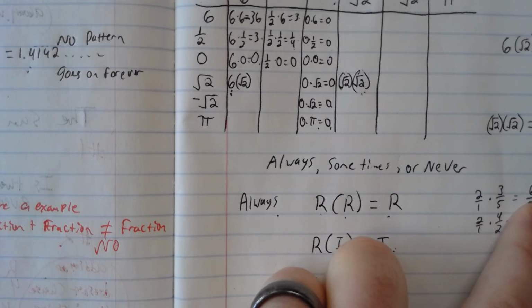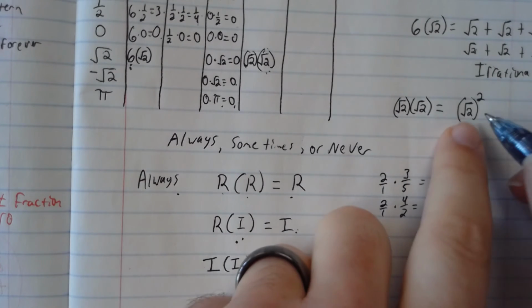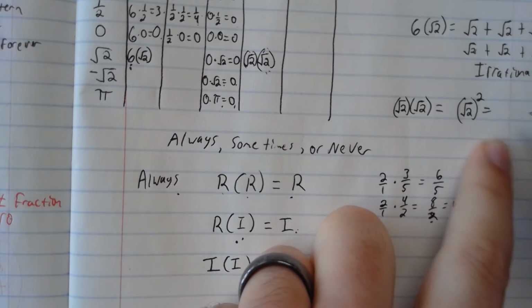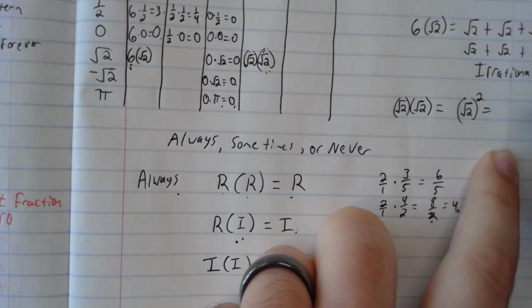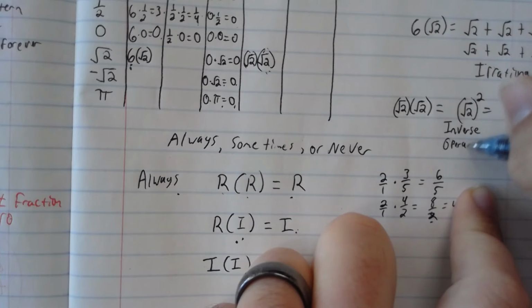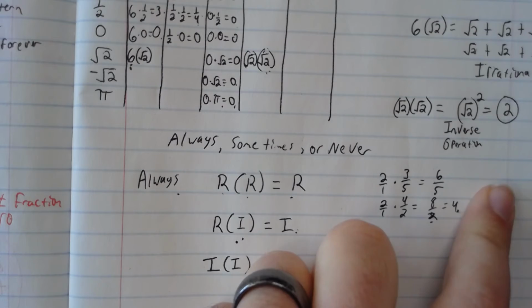Well, that's the same as squaring it. And so we can think of that as where the square root and the square are inverses of each other, and they're going to cancel each other out, leaving us with just 2 as a result.